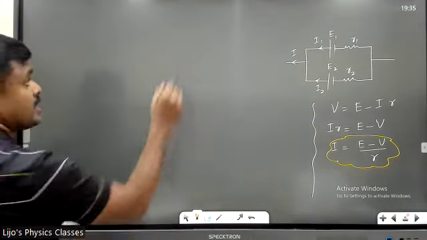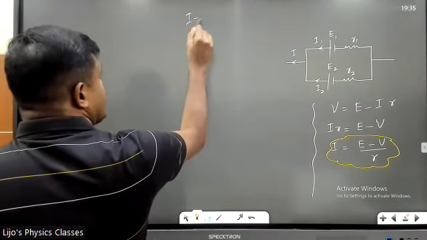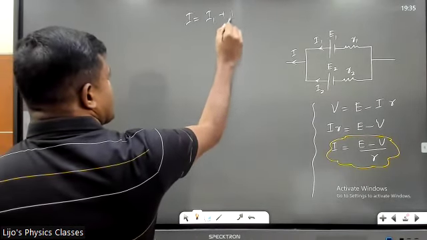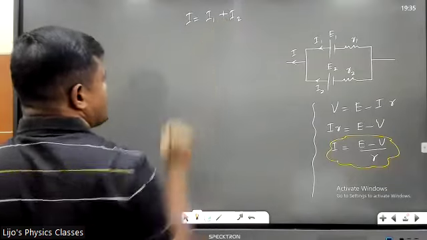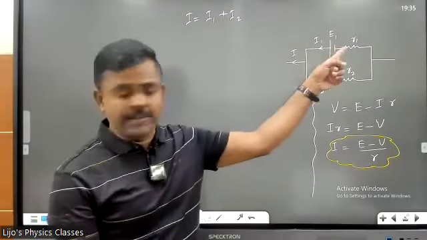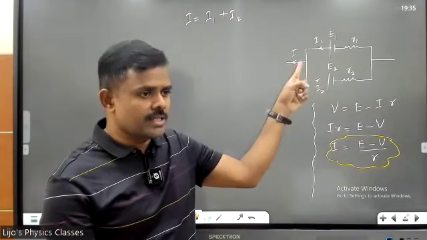What is the total current? I1 plus I2. The total current here is I is equal to I1 plus I2, as I1 comes out of this and I2 comes out of this and they join together.